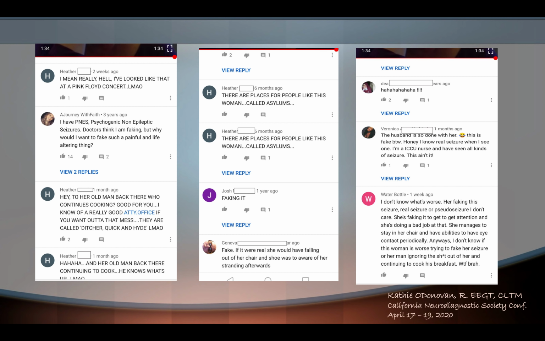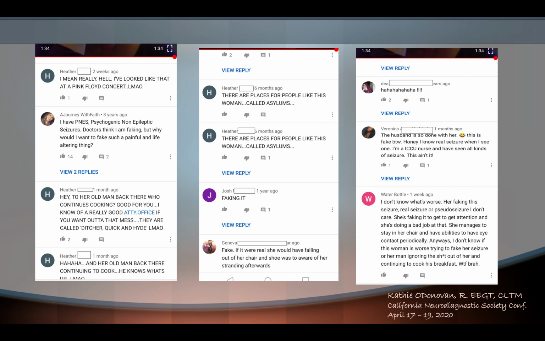This is fake. By the way, honey, I know real seizures when I see them. I'm an ICU nurse and have seen all kinds of seizures, and this ain't it. So there she's got yet another medical professional mocking her because of this.